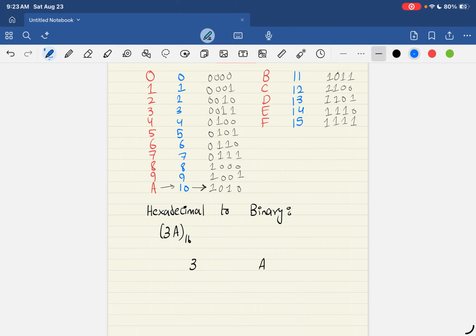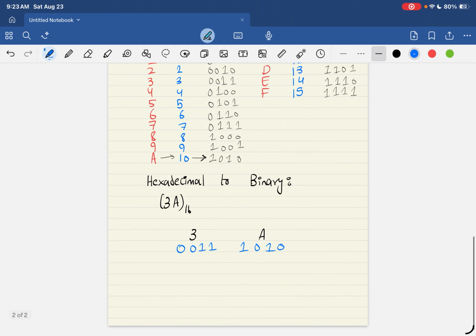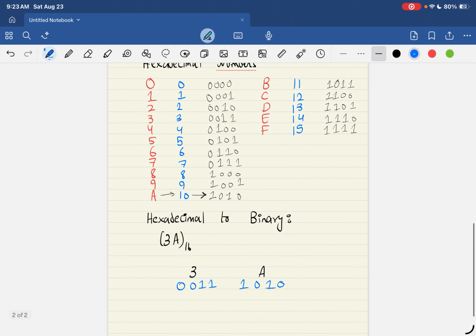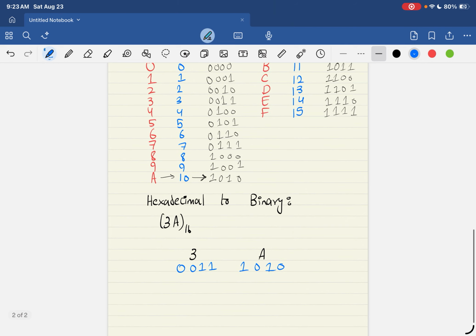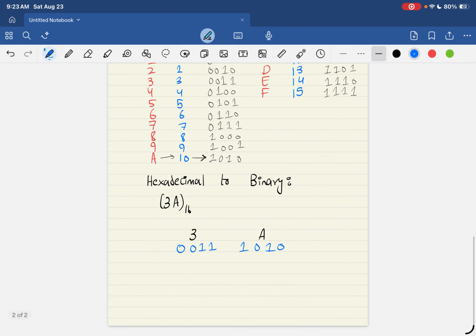Okay, so we have 0 0 1 1, and for a you have 1 0 1 0. Okay, that's it. You just need to write down the respective binary conversion of each digit. That's why it's so easy. Okay, and then just collect all the digits together and you are done.